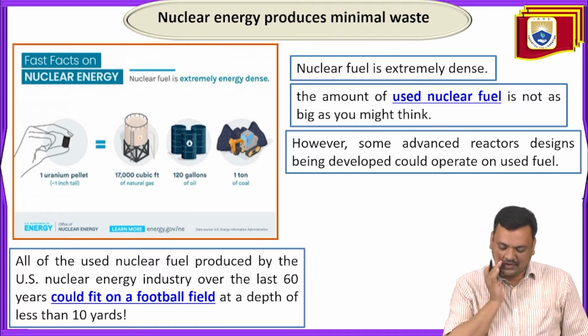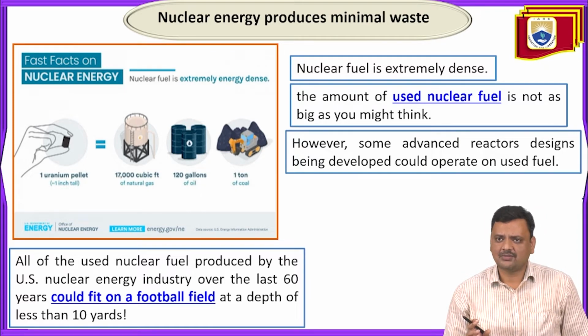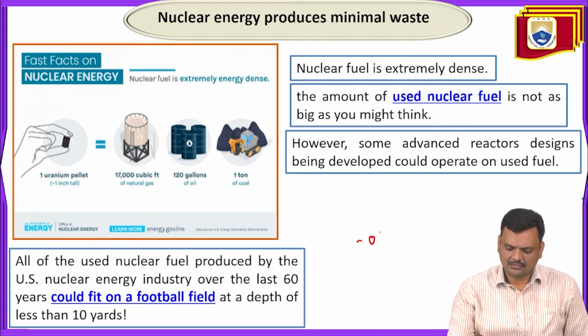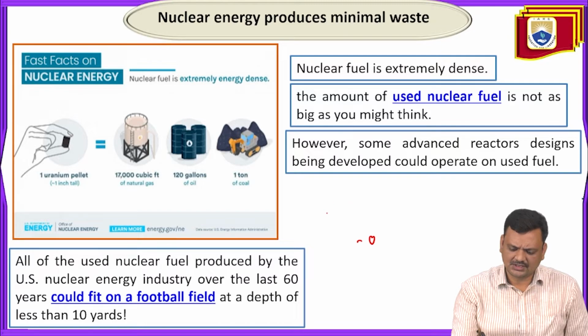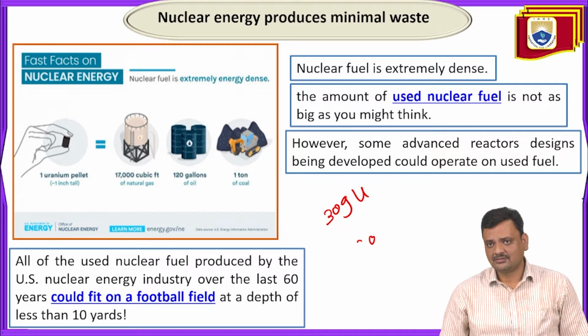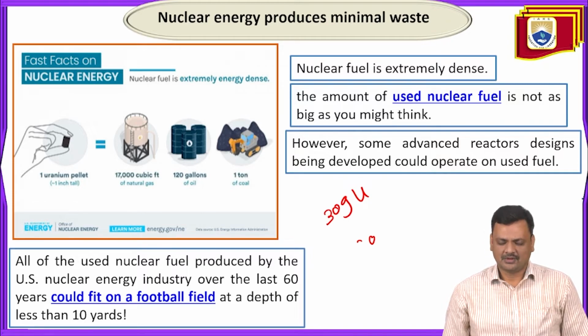Nuclear materials are very dense, and even a small amount of nuclear material, suppose 30 grams, I am giving just an example, 30 grams of uranium is sufficient for generation of 420 million electron volt energy.